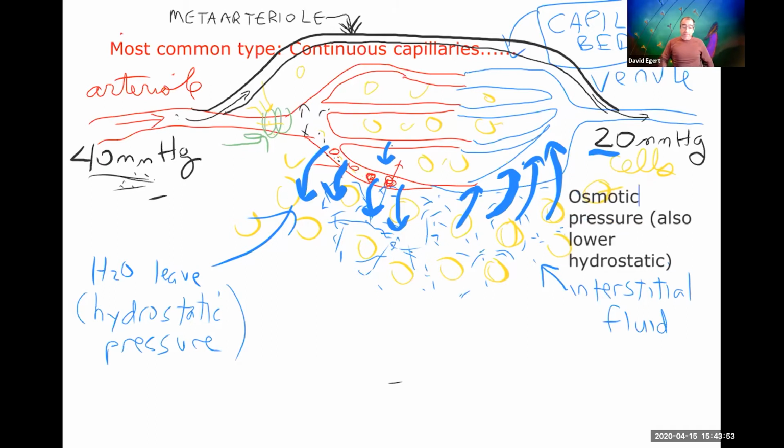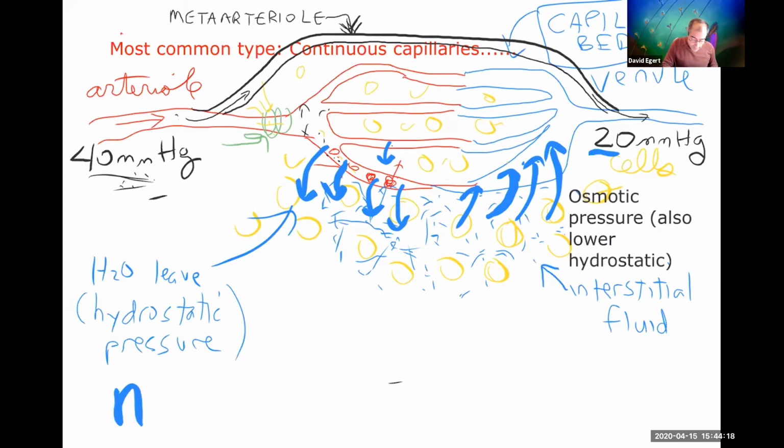So this is something that's happening in your capillary beds all the time. As blood enters the capillary bed, water and dissolved stuff gets out into the tissue spaces, but on the far side, most of it comes back in. However, not all of it. So there's going to be a net loss.